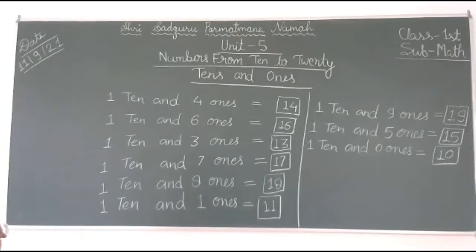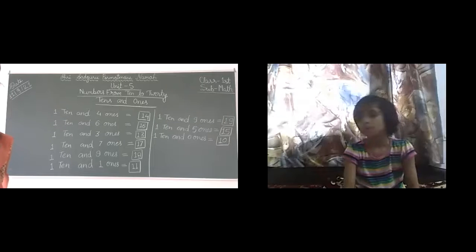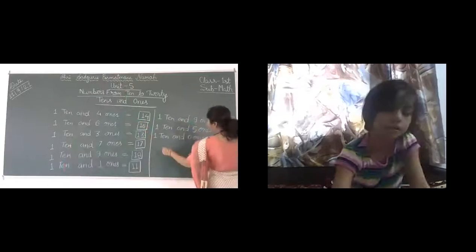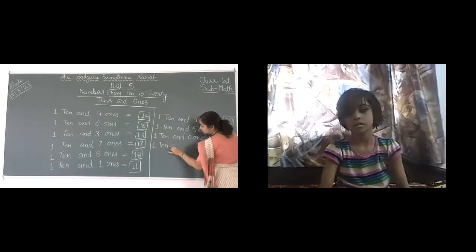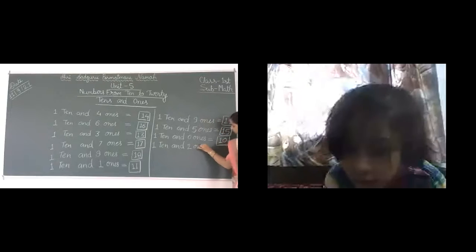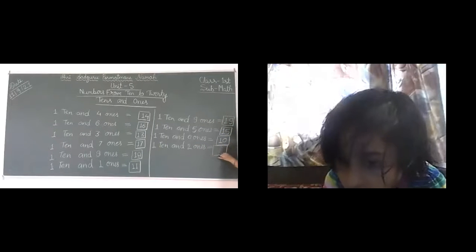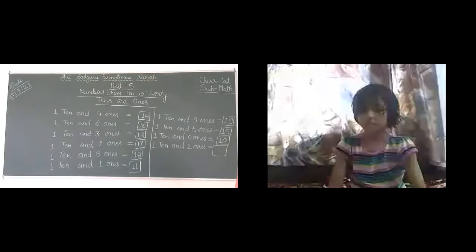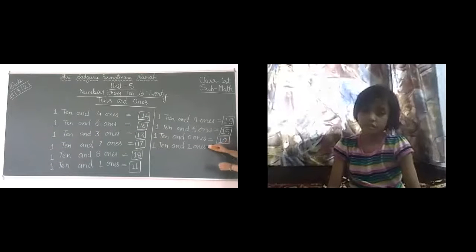Okay, so all of you write down. Anvi, give me answer, 1 ten and 2 ones. 12.